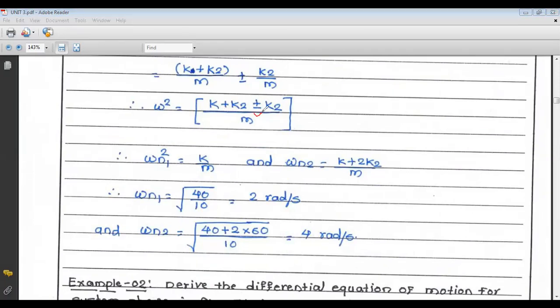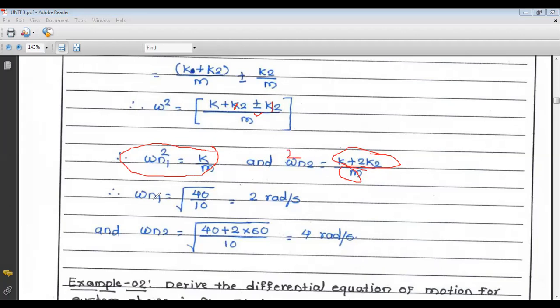So k plus k2 minus k2; k2 minus k2 becomes 0, that will cancel. And the term in the first equation becomes k by m. Omega n1 square is equal to k by m. Similarly, k plus k2 plus k2, so that becomes (k plus 2k2) upon m. So this is the second value of natural frequencies, that is omega n2 square.